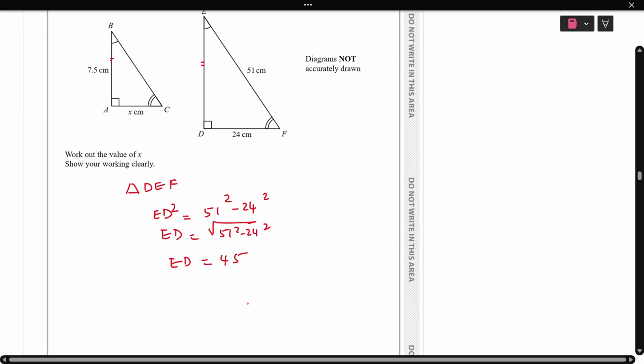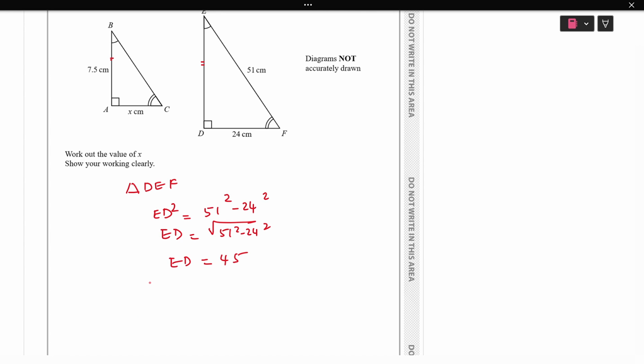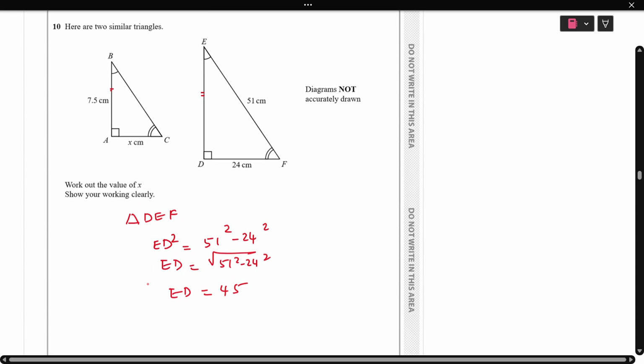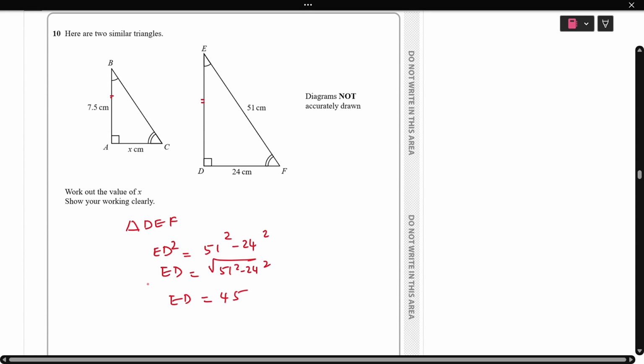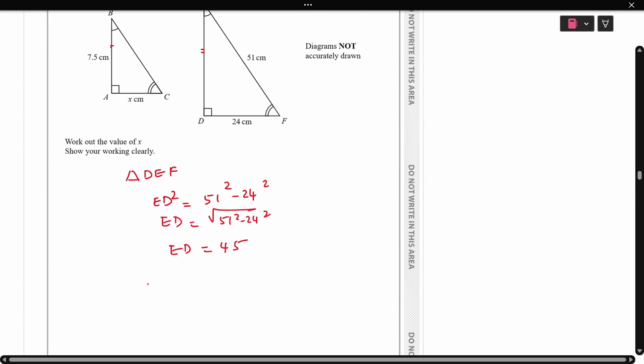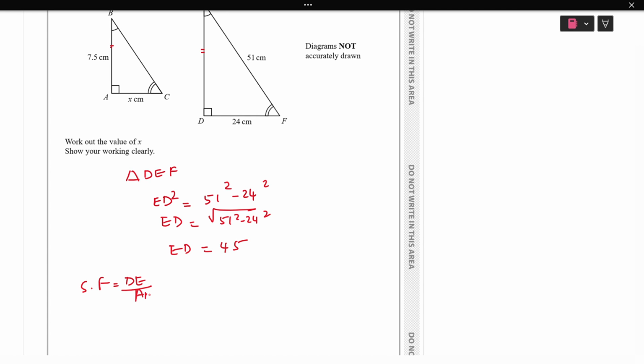Okay, so next, they are two similar triangles. So finding the scale factor, scale factor equal to DE by AB, which is 45 over 7.5 equal to 6.